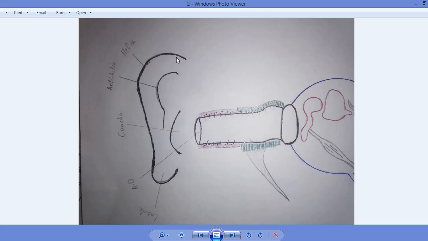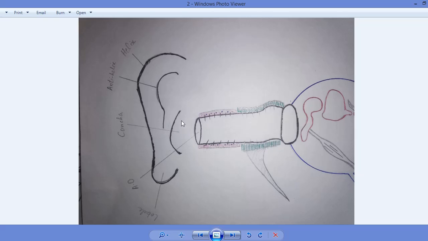This is the helix. This is called antihelix. This is called the earlobe. The soft part of this auricle is called earlobe, and this is the cartilaginous part. This is the auditory orifice, or a hole which leads to the external acoustic meatus.